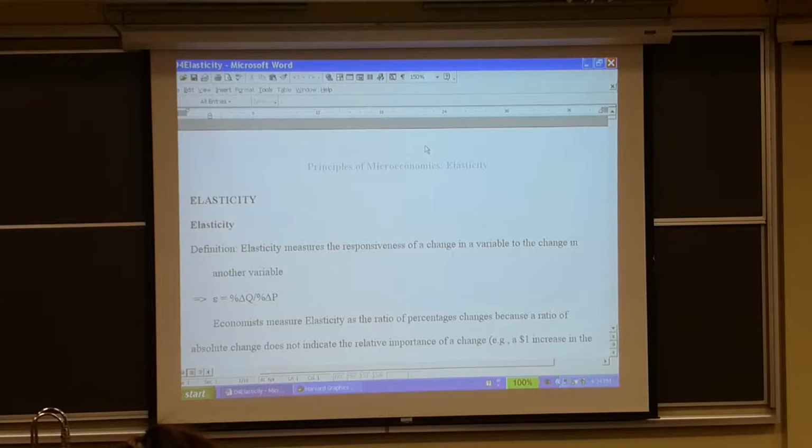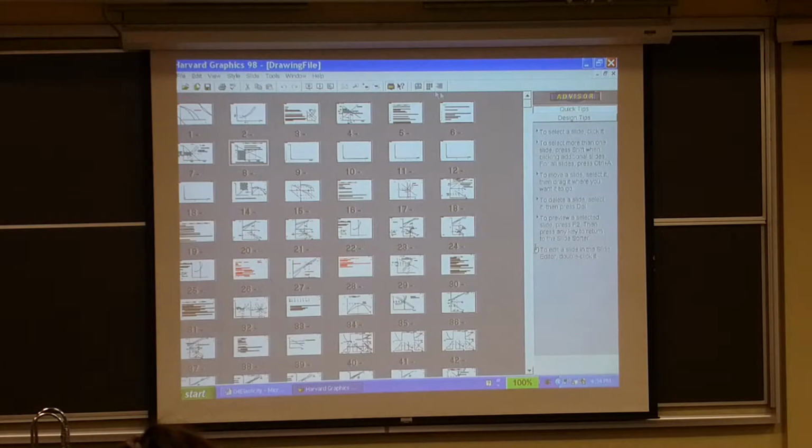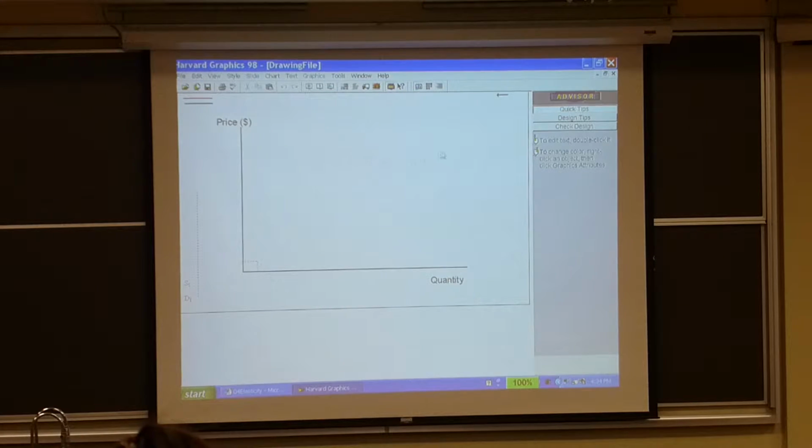All right, so I do it like this. Something like this. All right, here is a demand function. This is a demand function for some commodity. It doesn't really matter what it is.